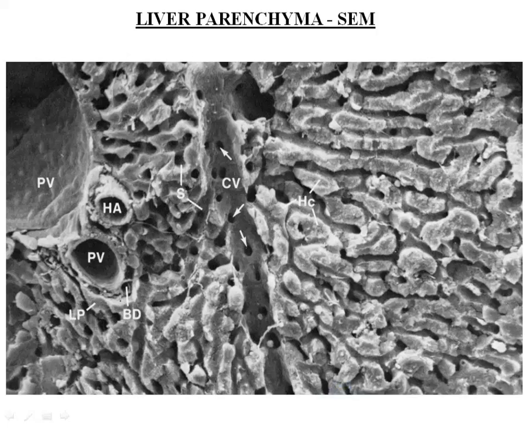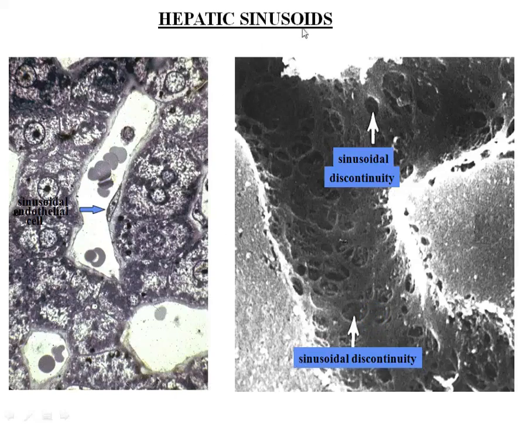Okay, this is a scanning electron micrograph of a liver parenchyma. So you can clearly see and understand the concept of sinusoids and the parenchymal hepatocytes and central vein and this artery and the portal veins and this bile duct. Here again the hepatic sinusoid is clearly seen.